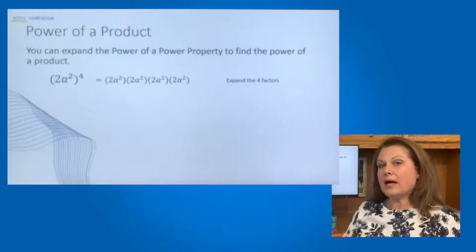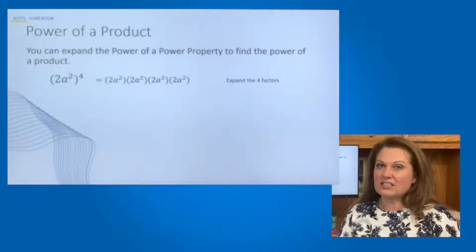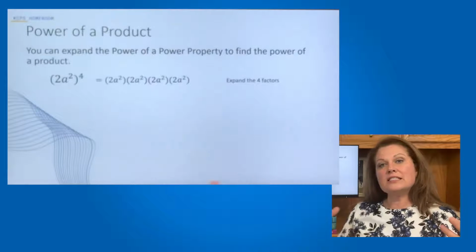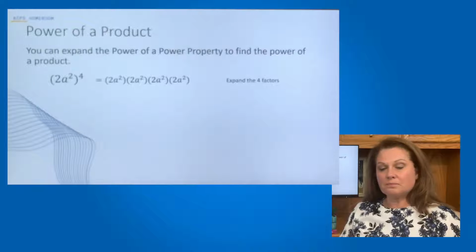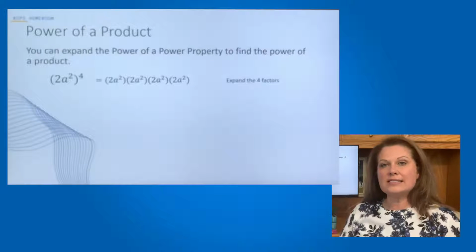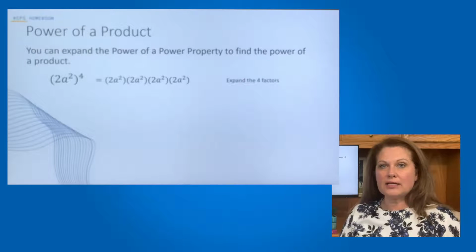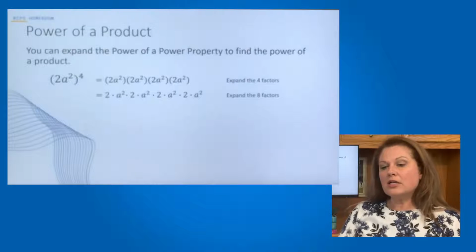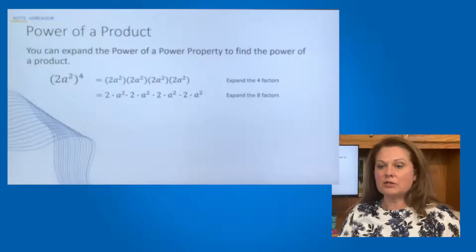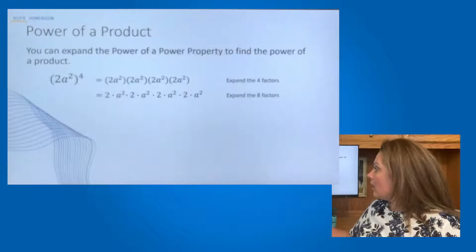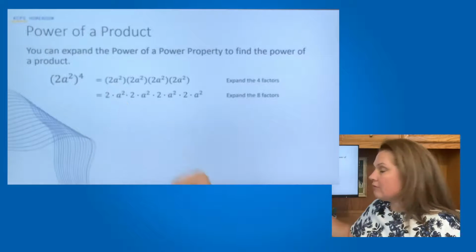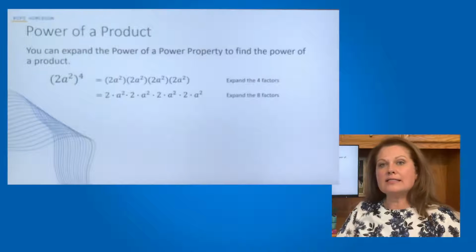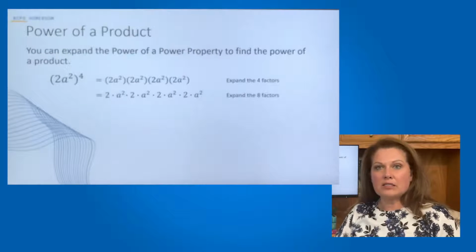That gets kind of repetitive and hard to say, kind of like a tongue twister. If we expand that even further, we can actually see how the property is created. If we break it apart, notice we went from 4 terms to 8 terms, because when we have a coefficient in front of a variable, like it is in our example, that means to multiply.